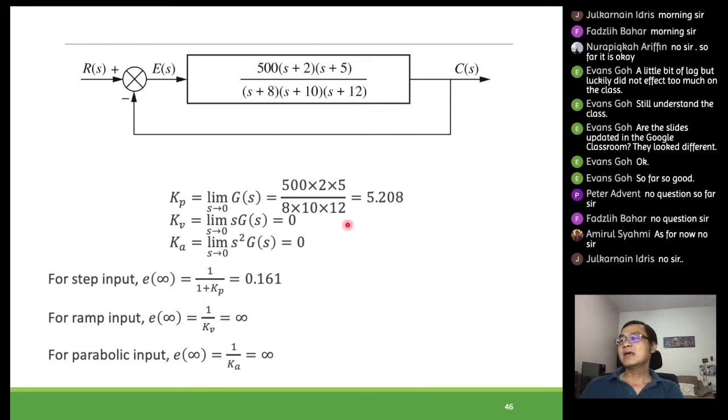Then since this is a finite value, we would get the steady state error as 1 over 1 plus Kp. Remember, for ramp input 1 over Kv, and for parabola 1 over Ka. So you will get infinity. Whereas for this one, since we can't get infinity, there will be a finite steady state error.